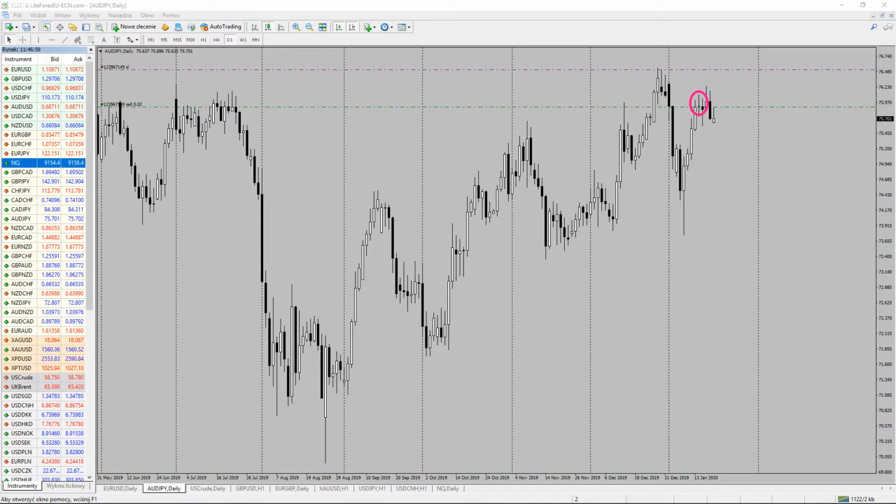Then was the first attempt to create a swing high, which was broken last Thursday. But it looks like there is another swing high attempt, so quite okay.